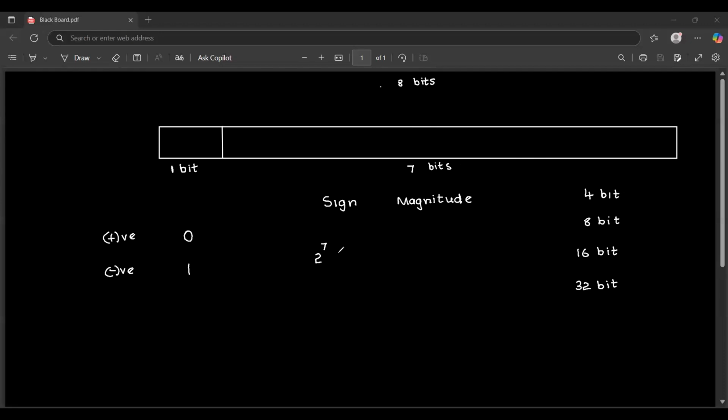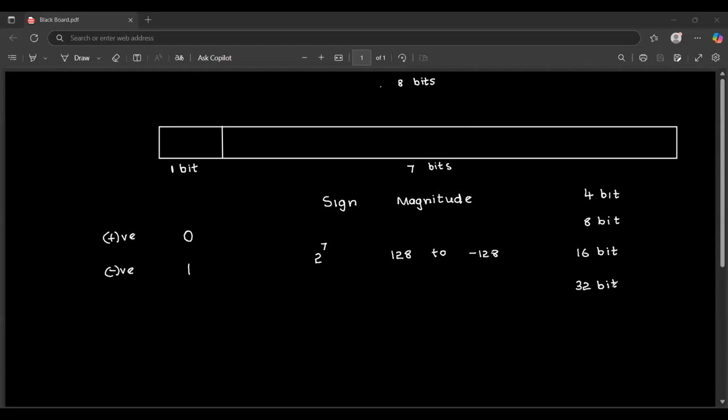A common misconception among students, including myself when I first studied, is this: since we have 2 to the power 7, meaning 128 numbers, and we have positive and negative, I thought we could represent from 128 to negative 128.